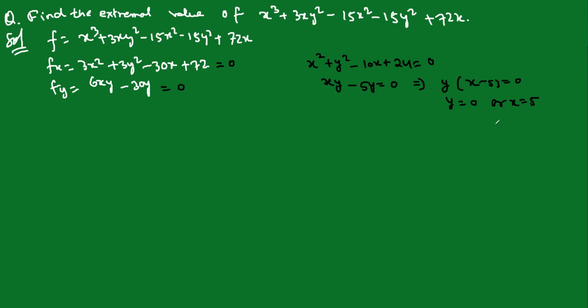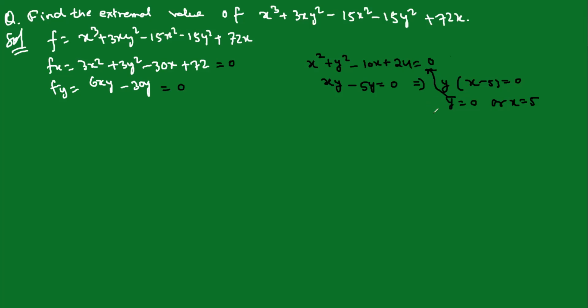Understood? This is not a pair. Don't write (5, 0). You got different values. But when you put y equal to 0 here, whatever x you get, that makes the pair.